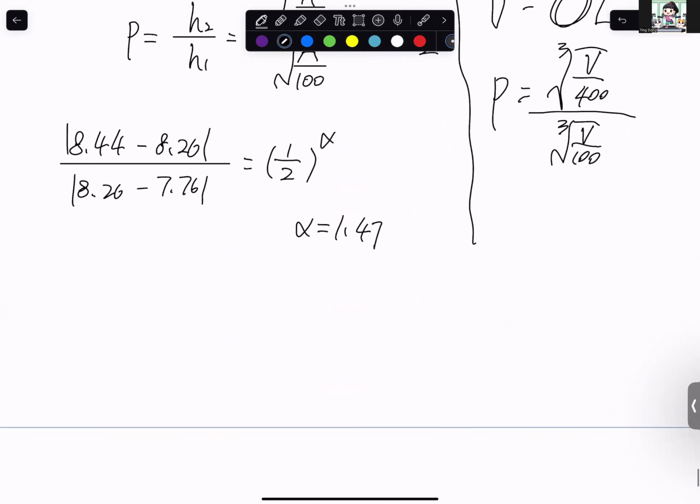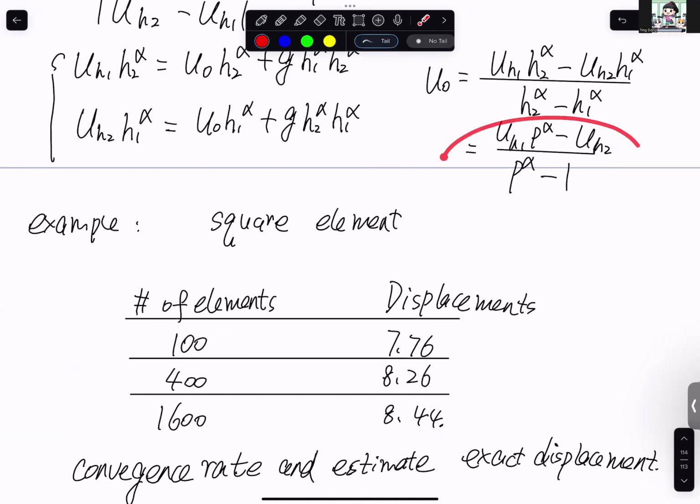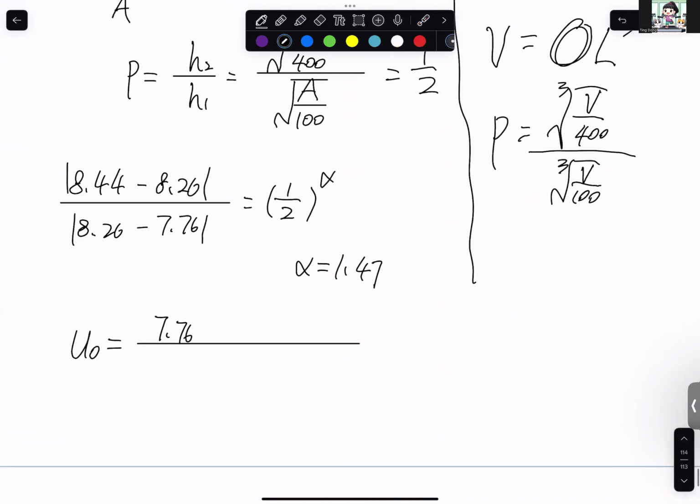It's between 1 and 2. And the exact solution from our FEA approximation equation is here. I will plug in the numbers directly. One half to the power of alpha, the convergence rate.